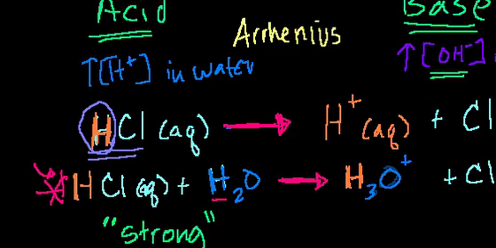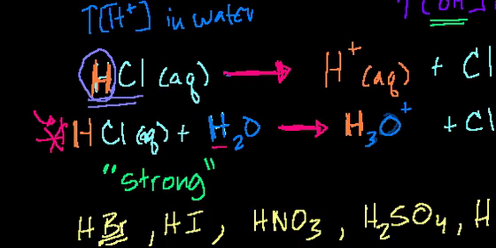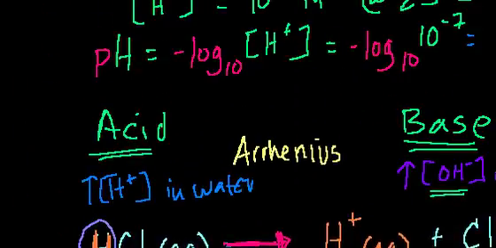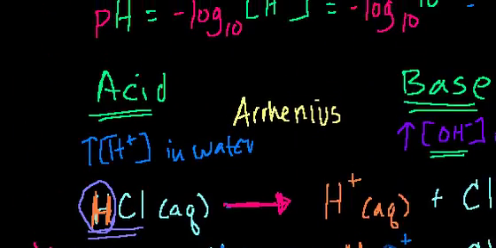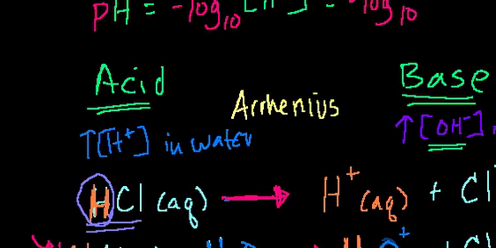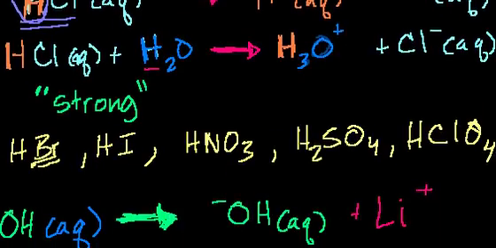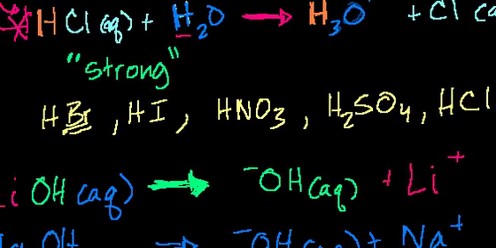And if you think about a Lewis base, what is it? It's an electron donor, right? So if you have it right here, this lithium hydroxide, when it goes into water, there's a couple of ways to think of it.